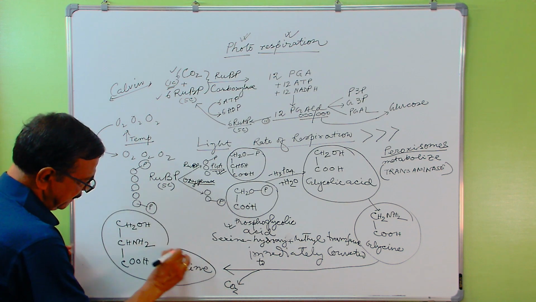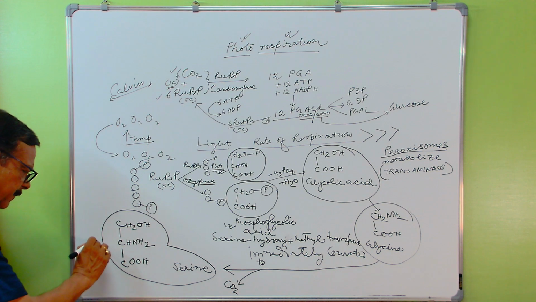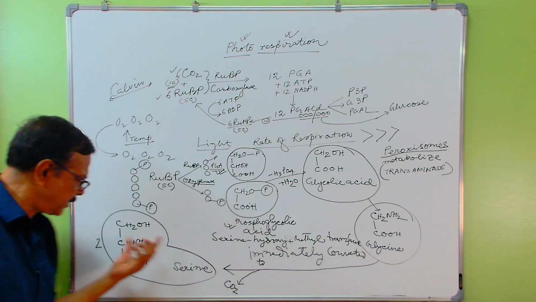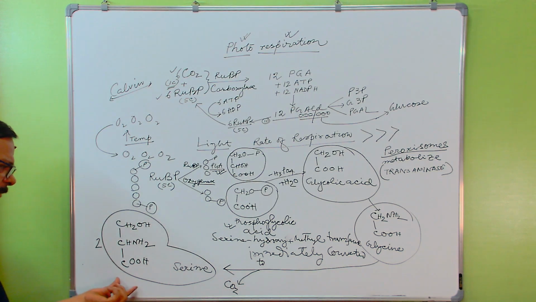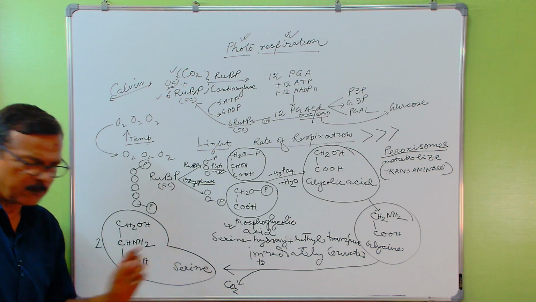This is serine. So two molecules of glycine are converted to one serine, produced with the liberation of CO2.